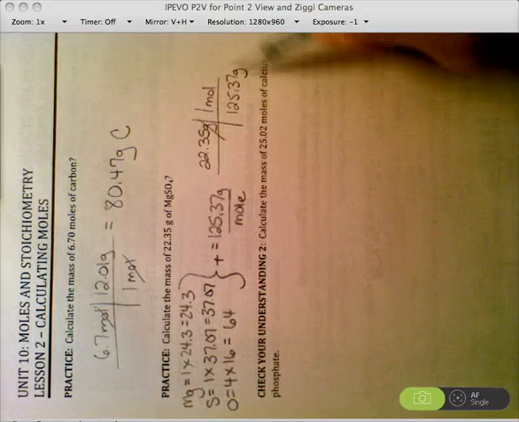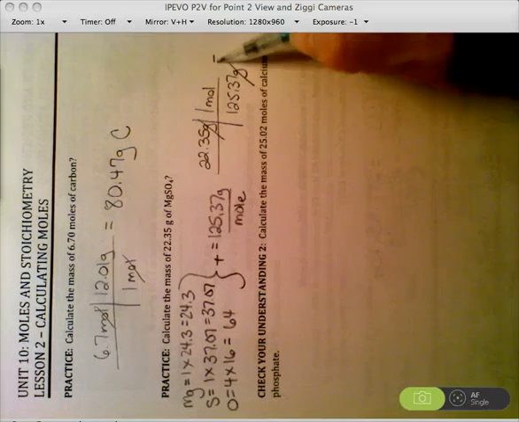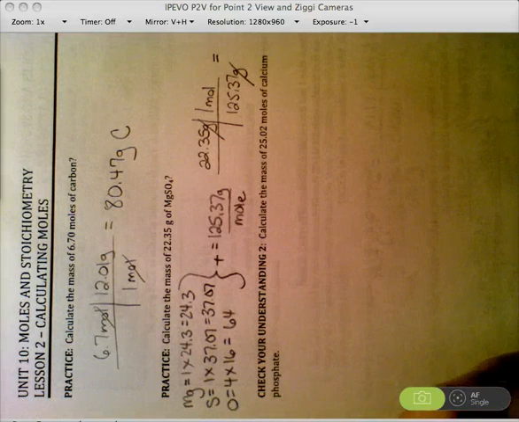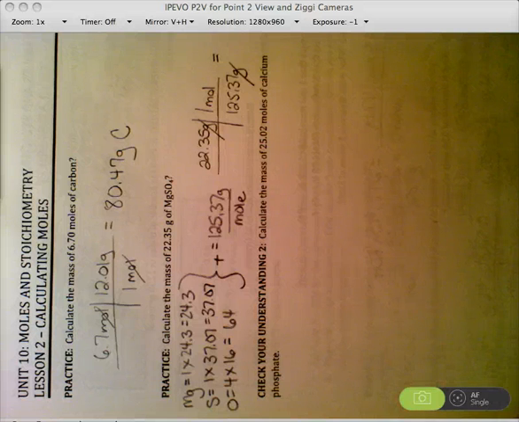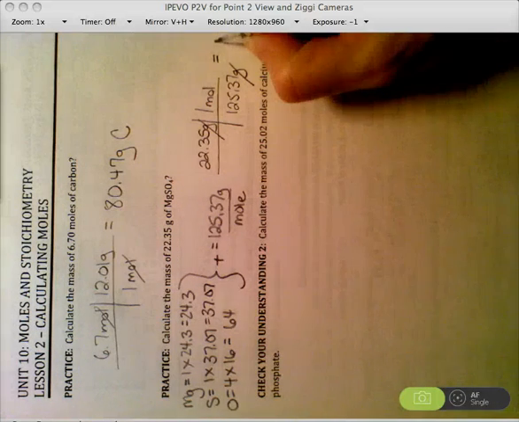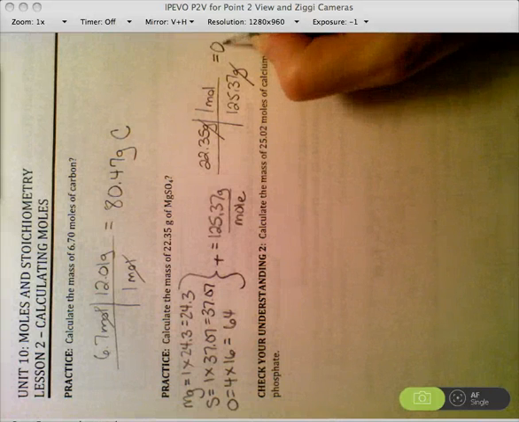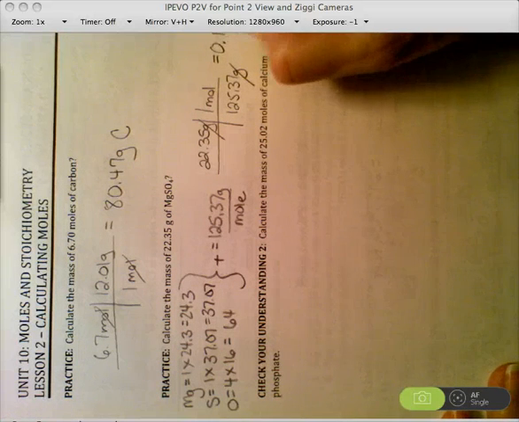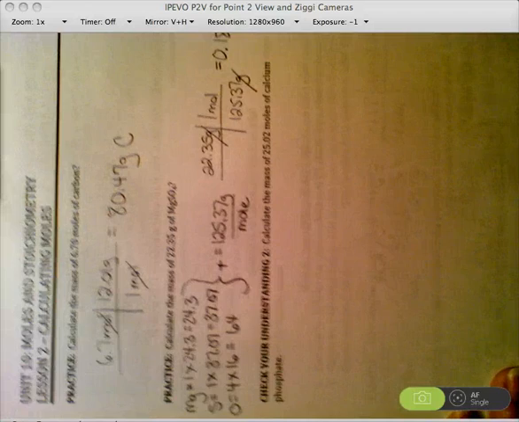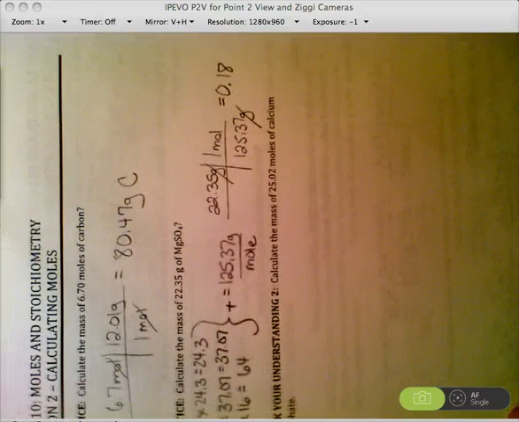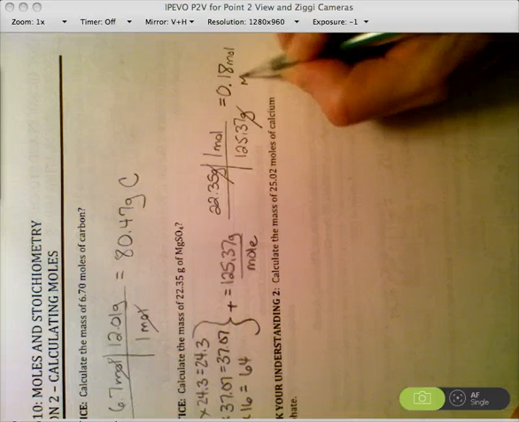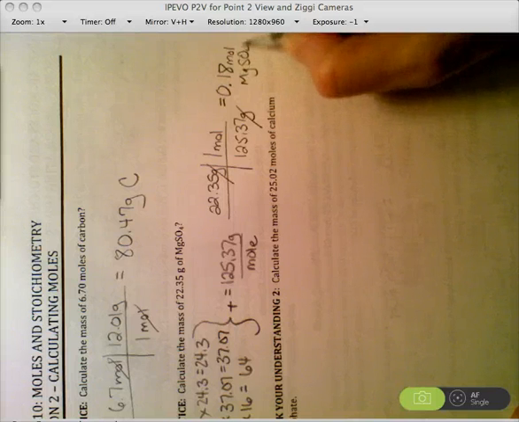Now my grams cancel and I'm left with a mole. So I need to take 22.35 times 1 divided by 125.37, and I get an answer of 0.18, and my unit is mole. Moles of what? Moles of magnesium sulfate.